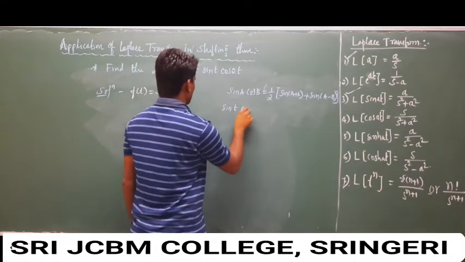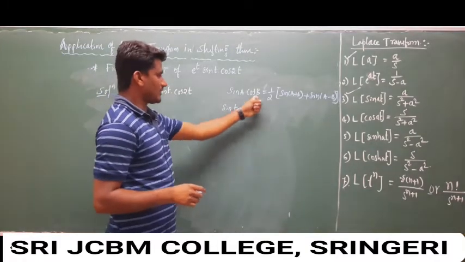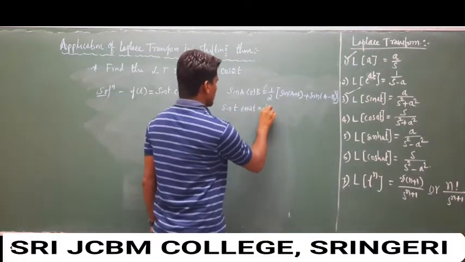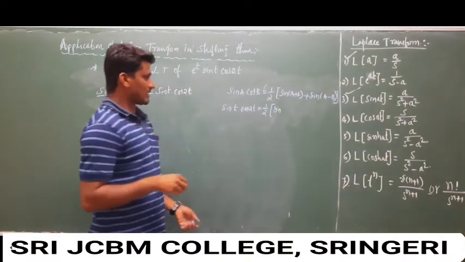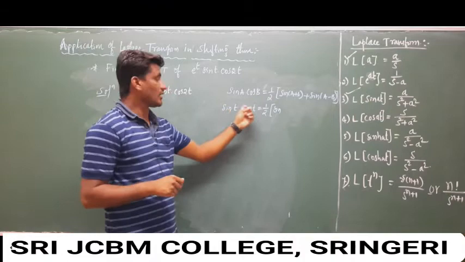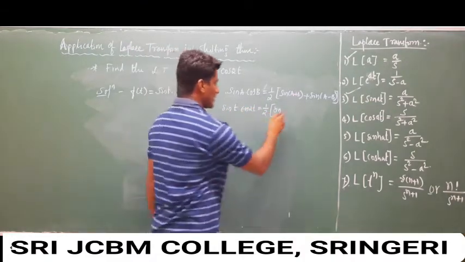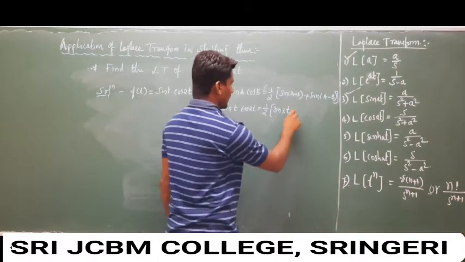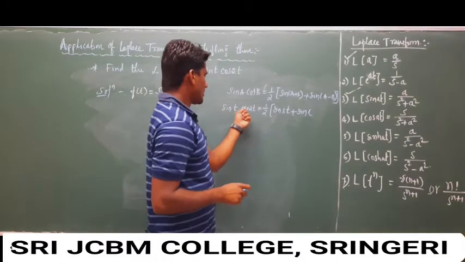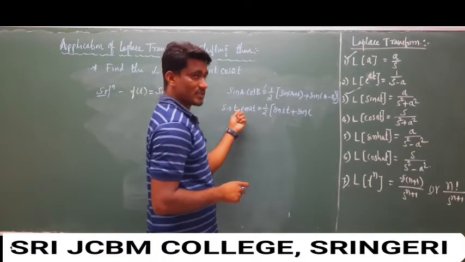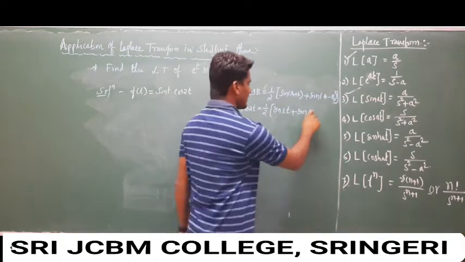For sin t cos 2t, a value is t and b value is 2t. So 1 over 2 times sin of a plus b, t plus 2t, which is nothing but 3t, plus sin of a minus b, t minus 2t, which is nothing but minus t.